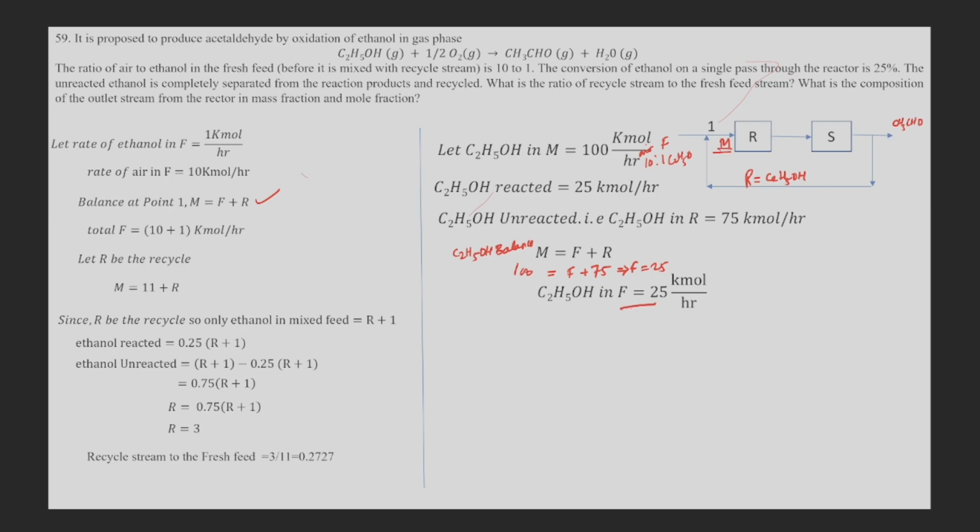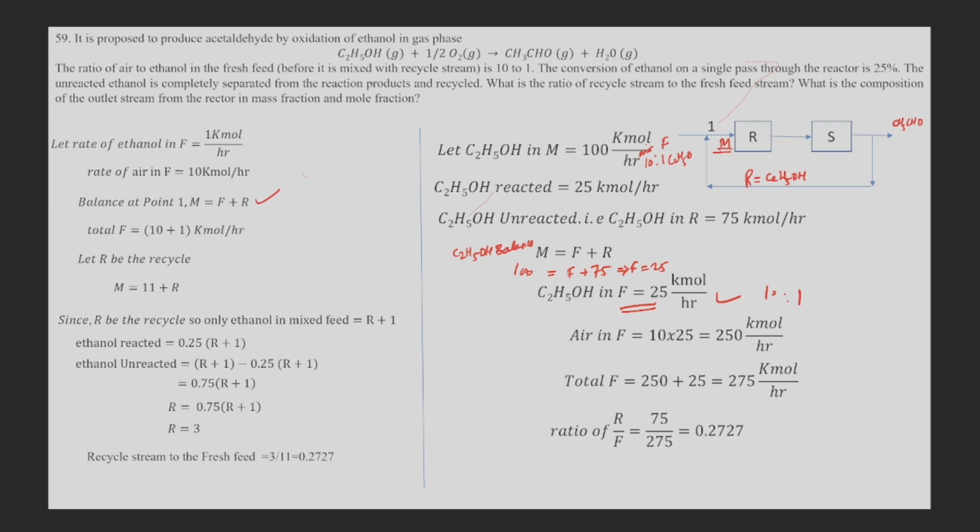If C2H5OH in F is 25, that means to maintain the ratio of 10 to 1, air should be 250. So total F, meaning air plus ethanol, is 250 plus 25, which is 275. So the ratio of R upon F is 75 upon 275, 0.2727, the same answer. I think this is a little bit simpler.